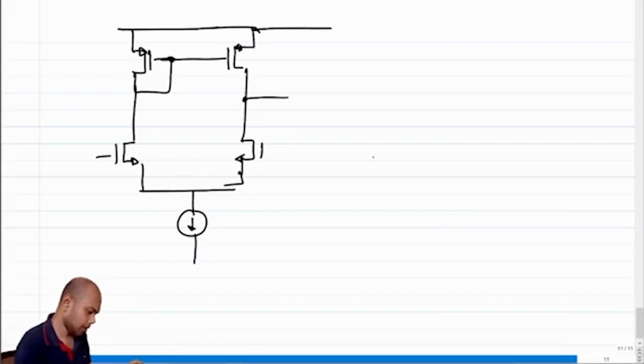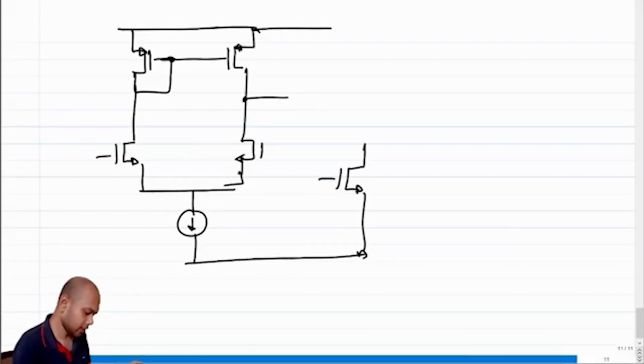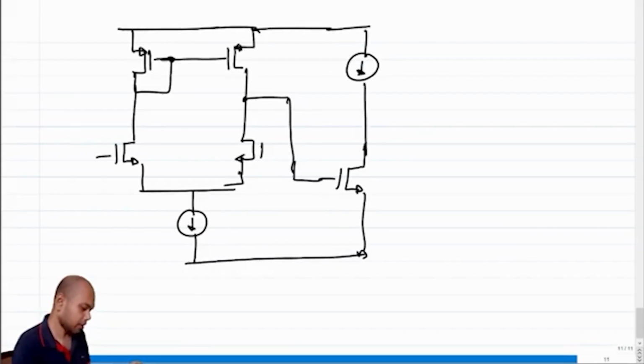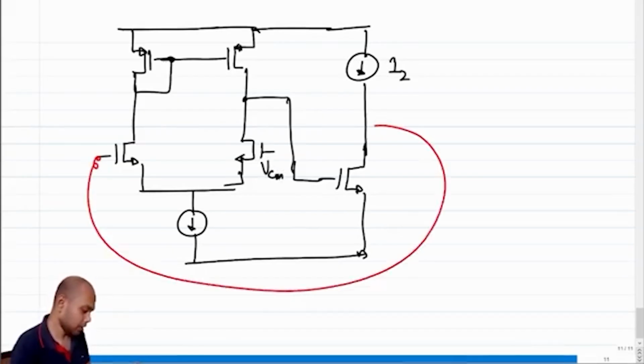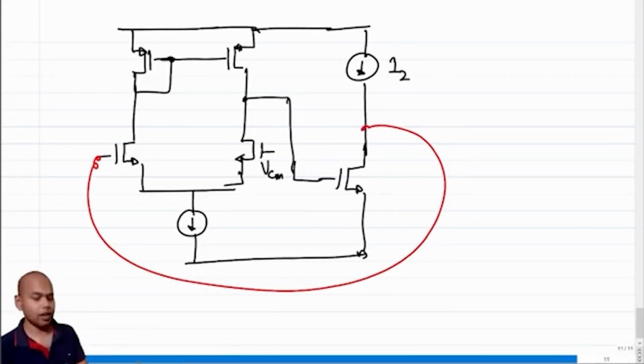I could have as well used an NMOS common source amplifier in the second stage. In that case, this output would have had to come here, and we probably would have had to connect the current source here, and this probably would have been the VCM, and this guy goes and connects here, and all those things we would have had to do.